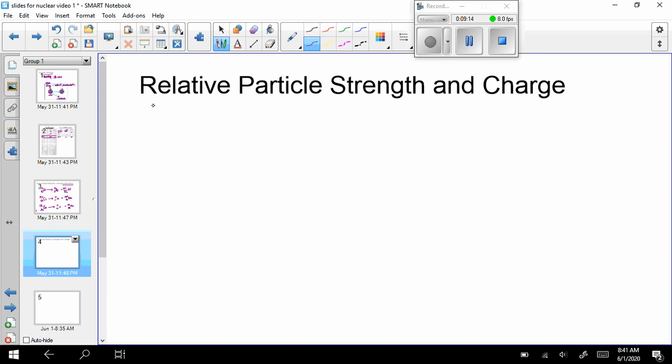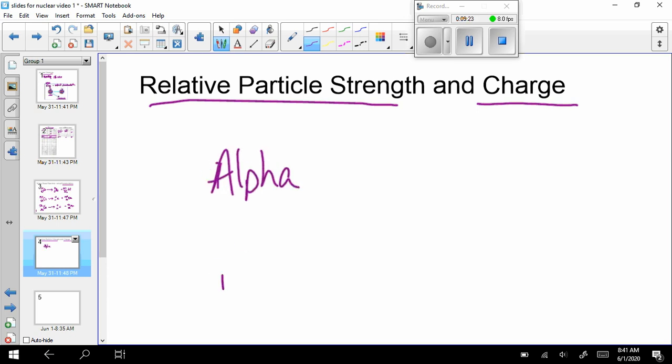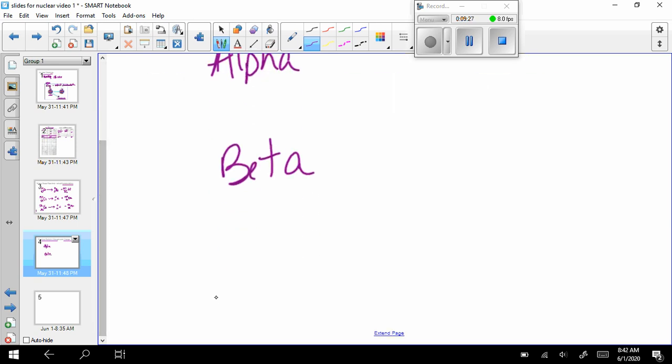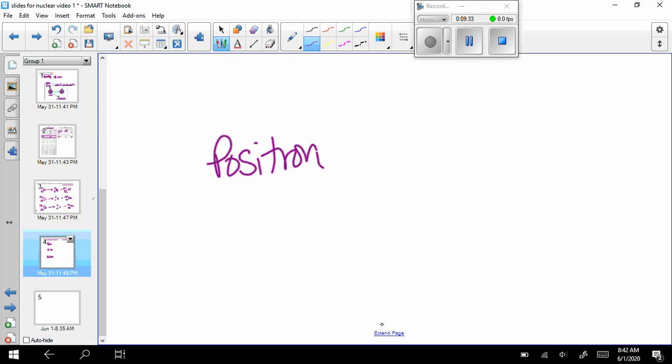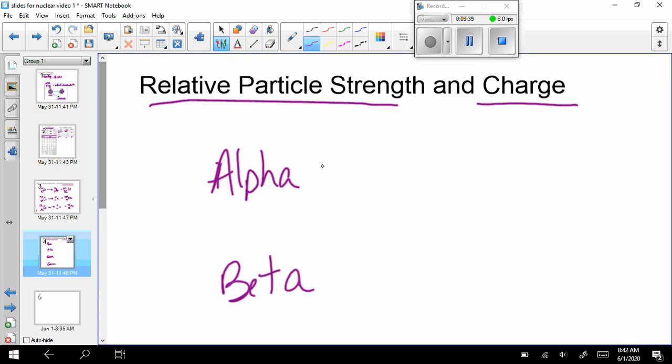All right, relative particle strength and charge. The most common particles we're going to talk about are alpha, beta, and positron. We are also going to talk about gamma. Alpha is positive charge.